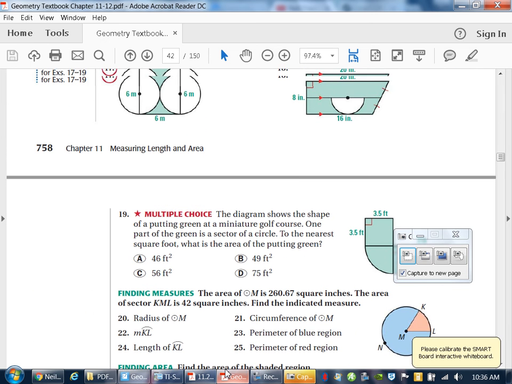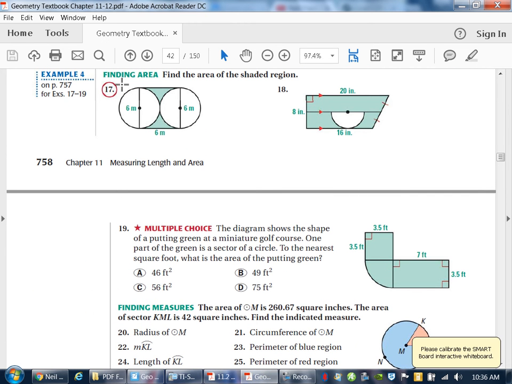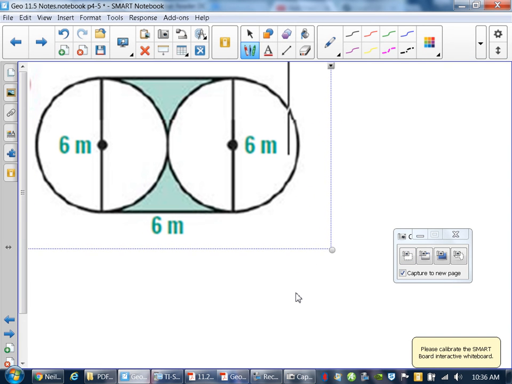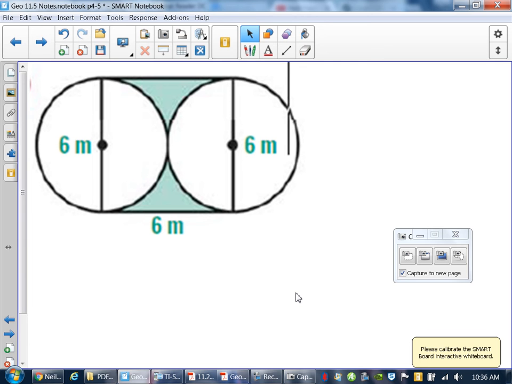So, for example, I want to find the area of the shaded region. Now, before you get too crazy about that, once you really just stop and look at what exactly the area is, the area is just this part.